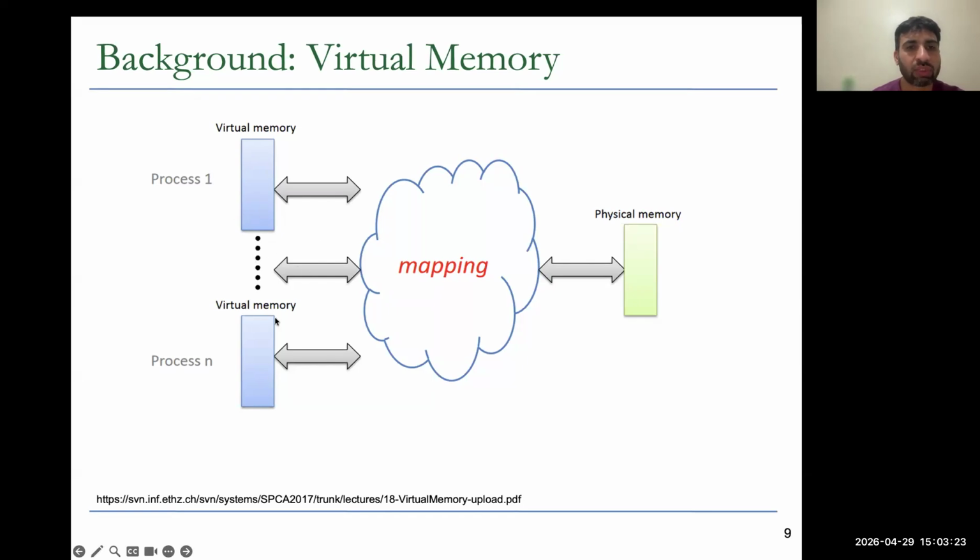On the left side, we have the virtual memory, and then that virtual memory is mapped into the physical memory, and there is a mechanism which performs the mapping, for example, the page table, right? If process one tries to access the memory of any other process, it will not be allowed. It will be blocked, right? So this is at least the process isolation guarantee provided by systems by means of mapping virtual memory to physical memory.